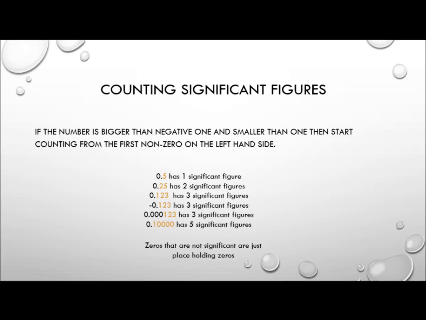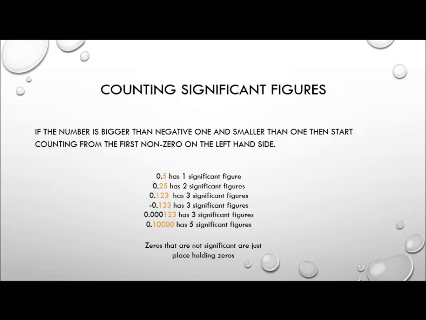When it comes to significant figures, if the number is bigger than -1 and smaller than 1, then start counting from the first non-zero on the left-hand side. So 0.5 has one significant figure, 0.25 has two significant figures, 0.123 has three significant figures, so does -0.123, and so does 0.000123.